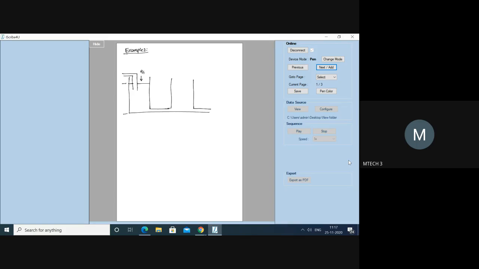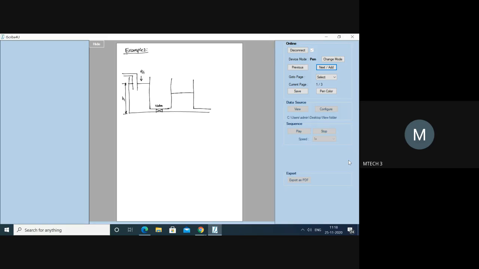The height of the first container is H1. And there is one valve here. And next is the same water actually.